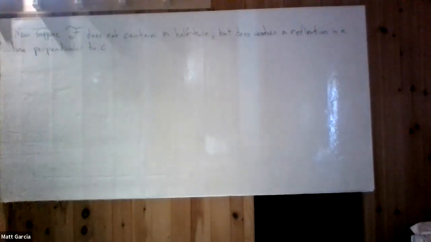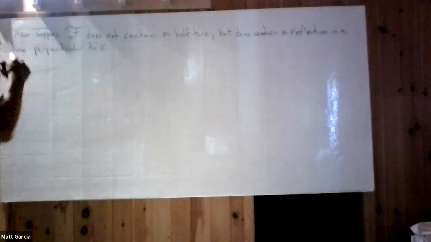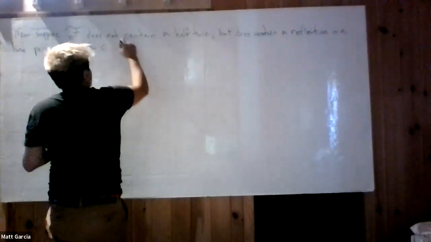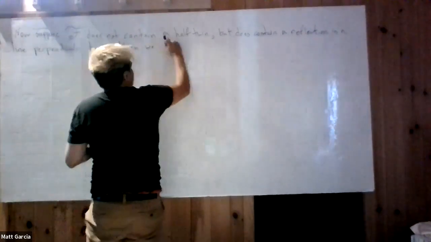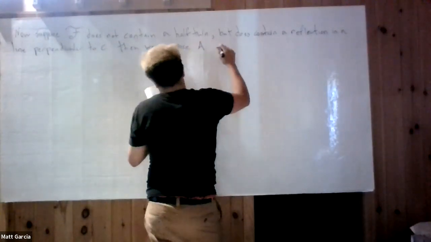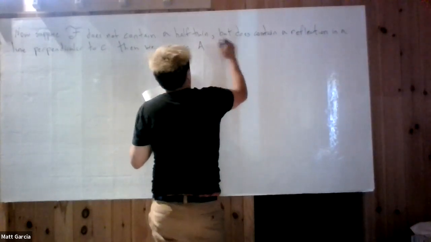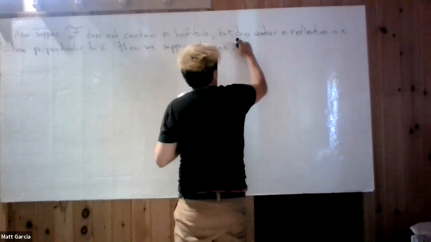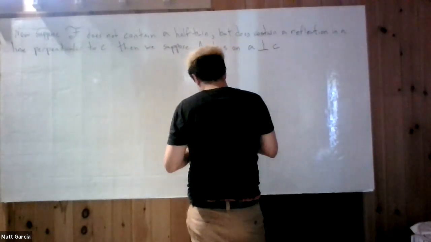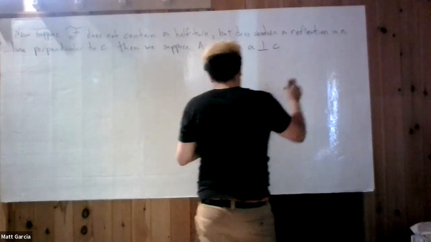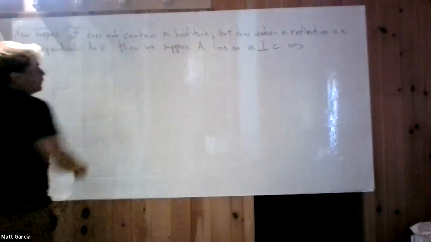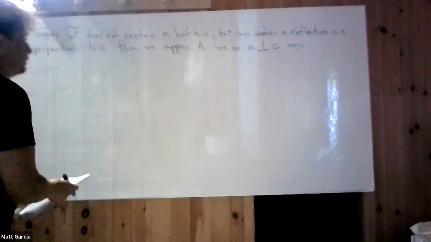Then remember, going back to our choice of A, the point A, then we suppose A lies on the line a, which is perpendicular to C. So this implies, well, since we started with the assumption that F is a Frieze group, we know that it has some translation in it, right?